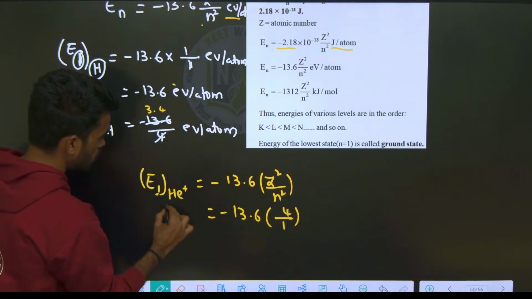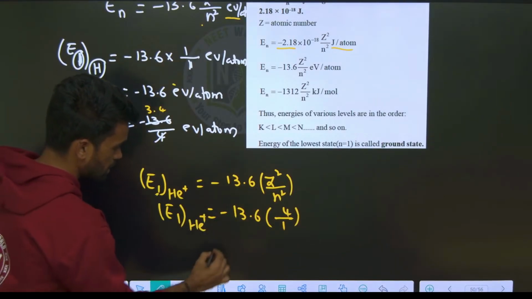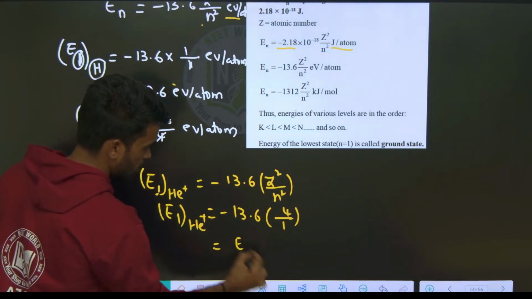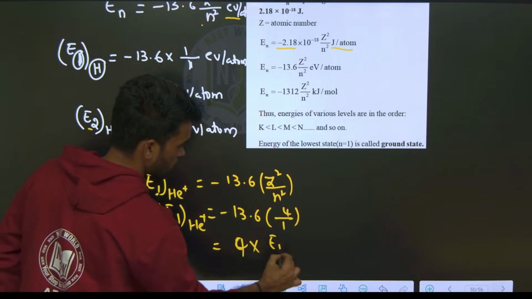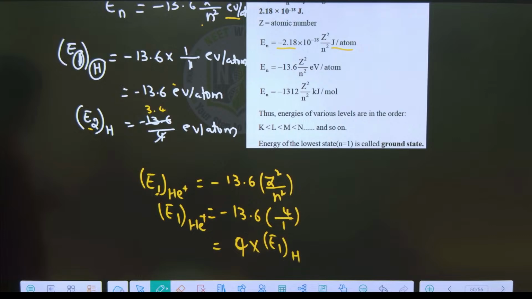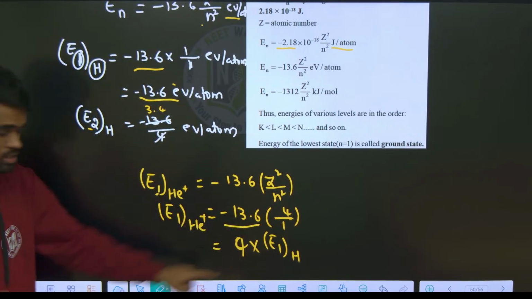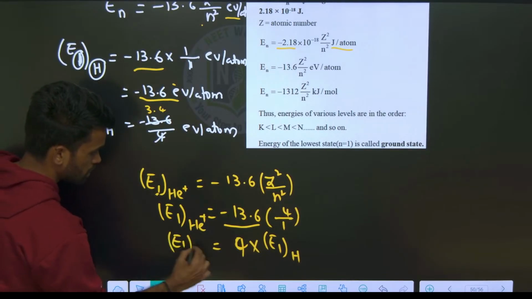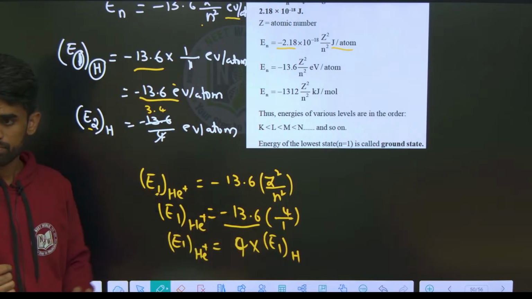So I can write E1 of helium equals 4 times E1 of hydrogen atom. Can I write like that? Yes. Why? Because you got the E1 of hydrogen atom as minus 13.6. So E1 of helium plus equals 4 times that, like this.